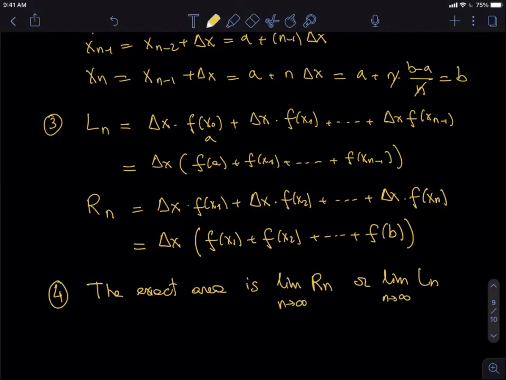Okay, and here the magic is that as we take a larger and larger number of rectangles, both these numbers are the same. Okay, so in the end, it doesn't matter if we were finding the right or the left endpoints. When the number of rectangles is huge, the difference is minimal, and in the limit there is no difference.